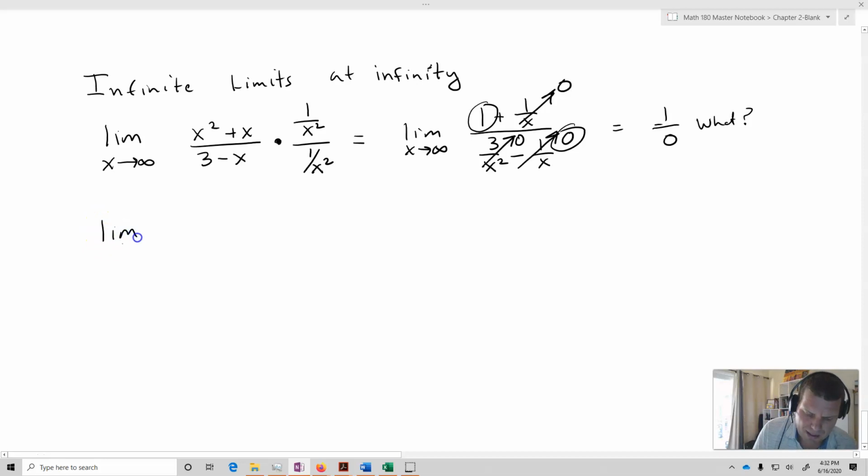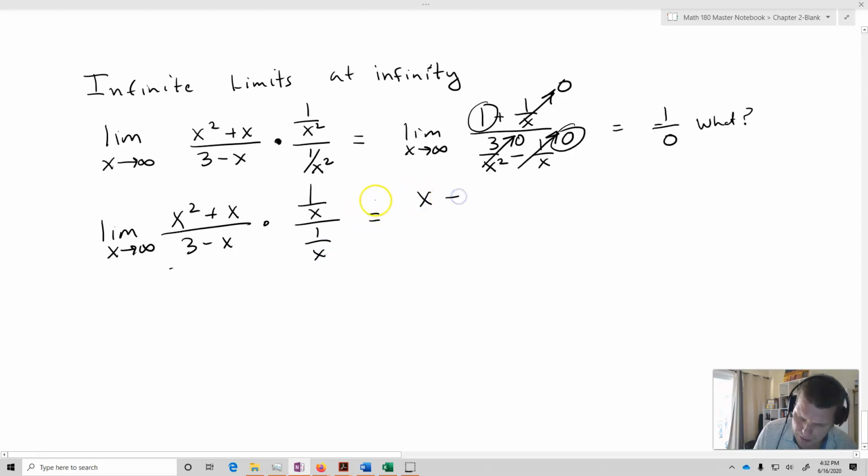So I'm going to take the limit as x approaches infinity of x squared plus x over 3 minus x, and multiply that by 1 over x divided by 1 over x. So this now gives me the limit as x approaches infinity of x plus 1 divided by 3 over x minus 1.